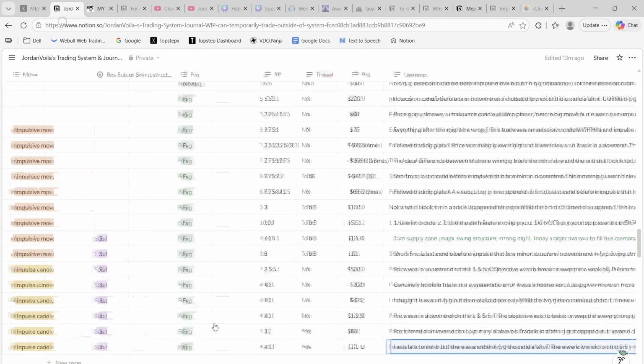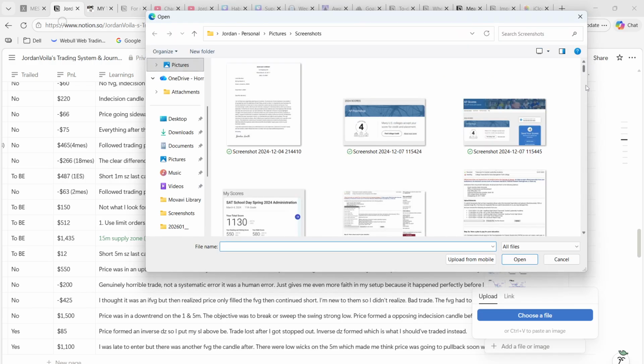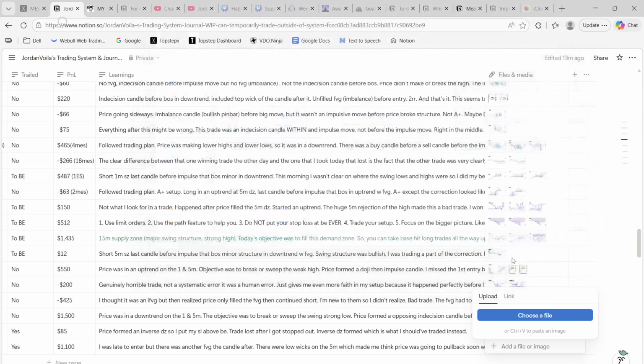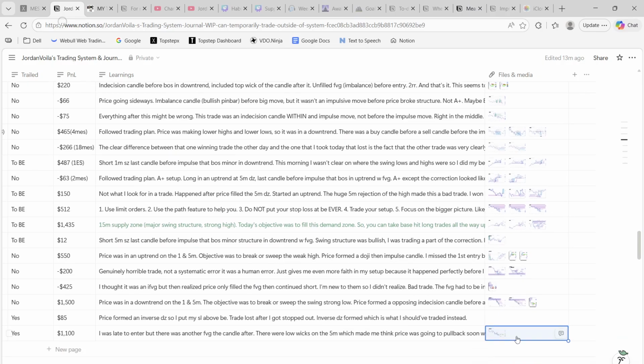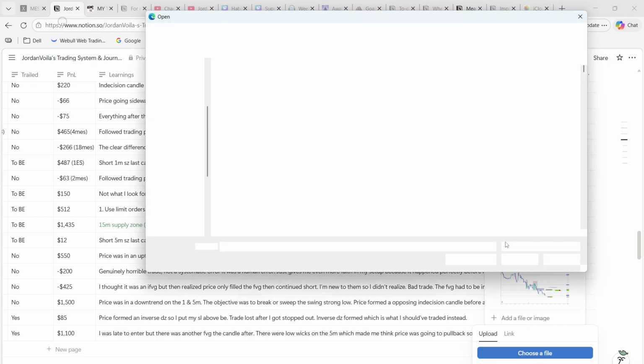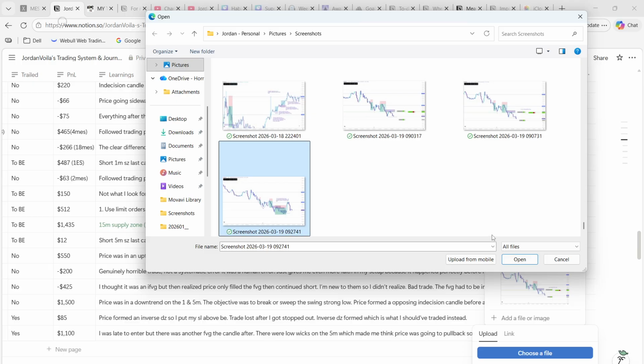Okay. And now we must include a screenshot of the trade that I took. You want to have screenshots so you can see what works and what doesn't visually. So let's see. This is on the 1 minute time frame. And this should be on the 5 minute, right?